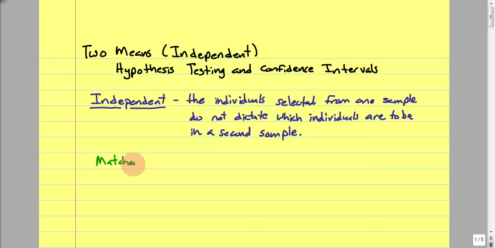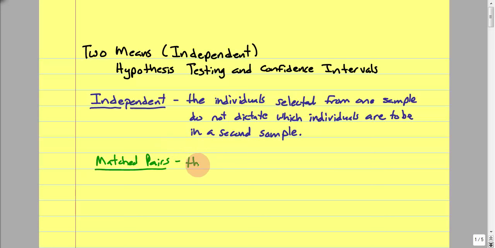Matched pairs are easy to spot. Basically, for a matched pairs design, just the opposite is true. I match a pair from the individual sample from the first sample, and that helps me to determine the individuals that will be selected in the second sample.